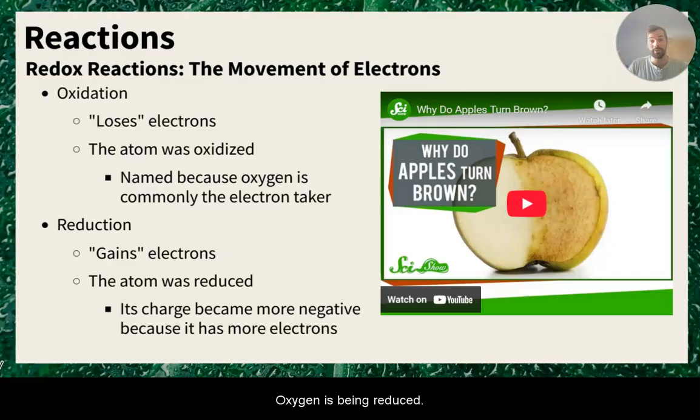Oxygen is being reduced, it is gaining that electron. So one chemical loses an electron, the other one gains an electron, is reduced. So you may hear the acronym OIL RIG. Oxidation is loss, reduction is gain.